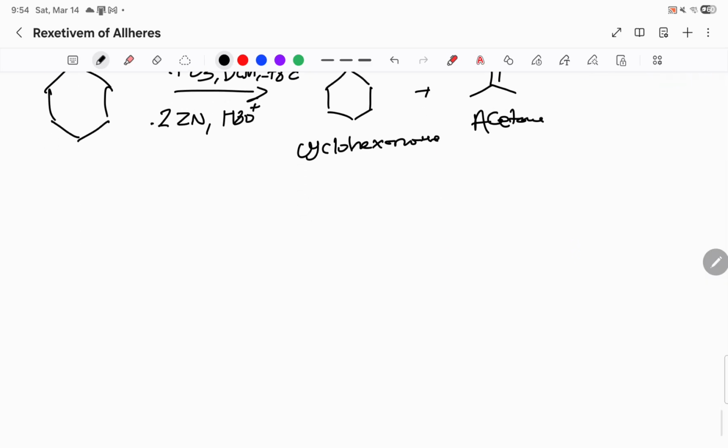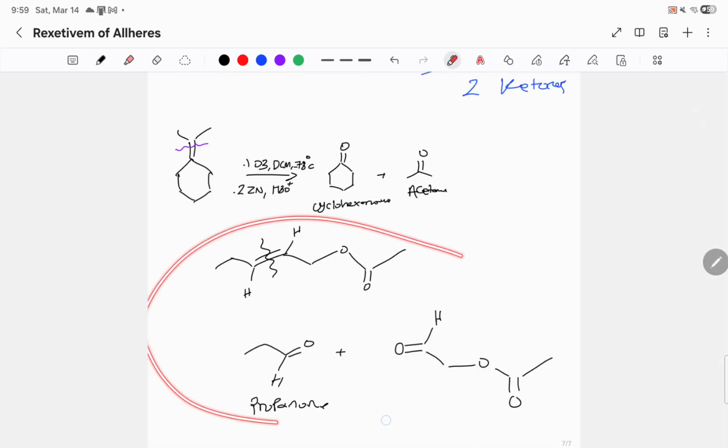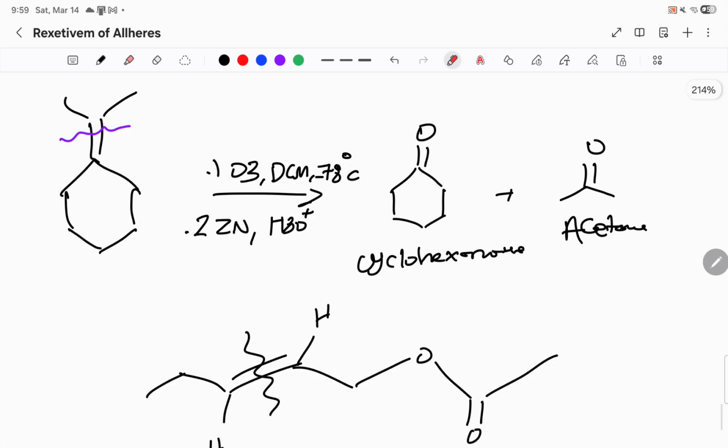Now, again, there are other examples that we can do. So I took the liberty of going ahead and drawing this out here, because this video is long enough as it is. But over here, we had scenarios where we had a completely substituted alkene, right? Meaning there was no hydrogens really left for us to play with.